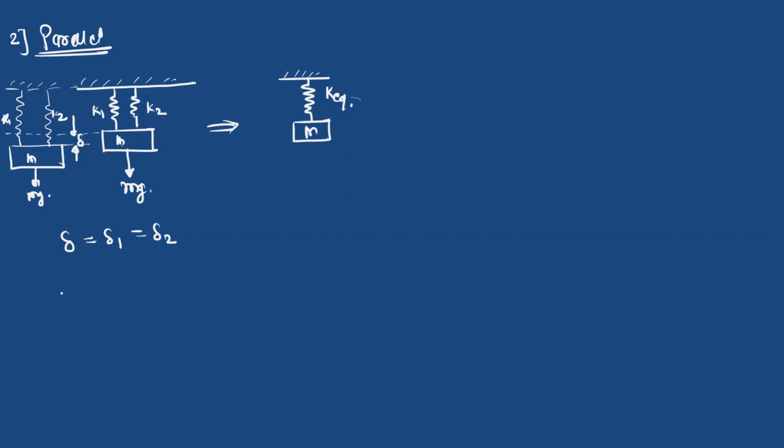So we can write the total force mg is equal to m1g, that is some mass carried by K1, plus m2g. So this m1g and this m2g are the forces acting on K1 and K2.